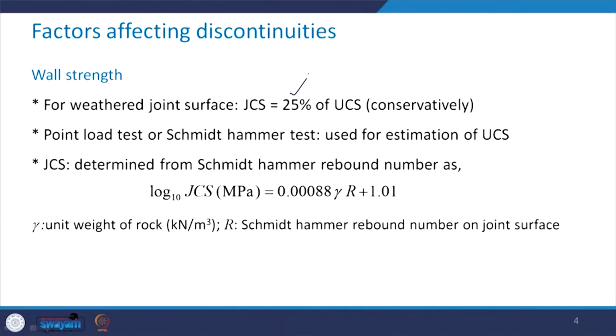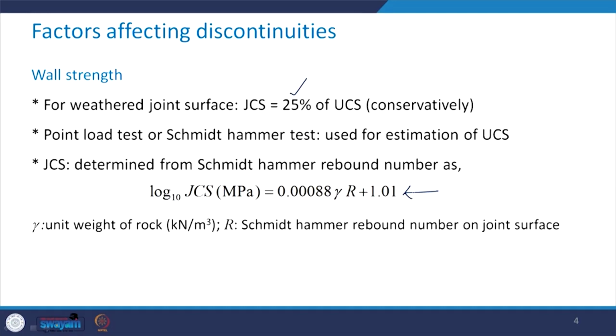JCS can also be determined from the Schmidt-Hammer rebound number using this expression. Once again, I am telling you that when we have this kind of empirical correlation, we have to be careful about the units. So, again, this is another empirical correlation.